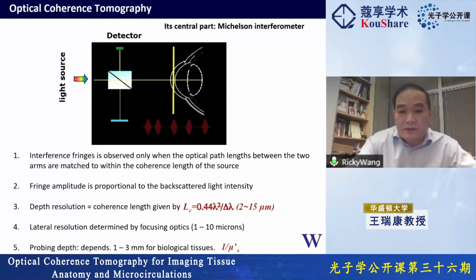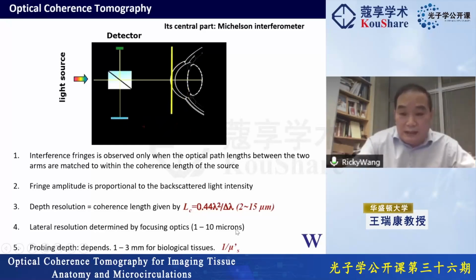So in the OCT system, because these 2 resolutions are decoupled, you can separately control them. You can control the axial resolution or the lateral resolution. And this is pretty unique for the OCT system.